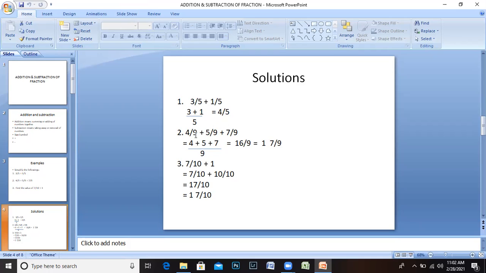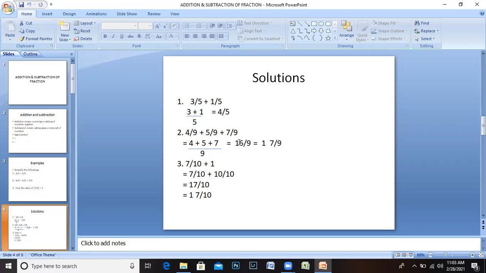Example 2: 4 over 9 plus 5 over 9 plus 7 over 9. By the rule, pick one of the denominators, which is 9. So write your 9, then add all the numerators: 4 plus 5 plus 7. 4 plus 5 is 9, and 9 plus 7 is 16.